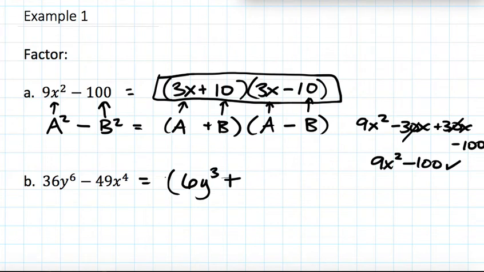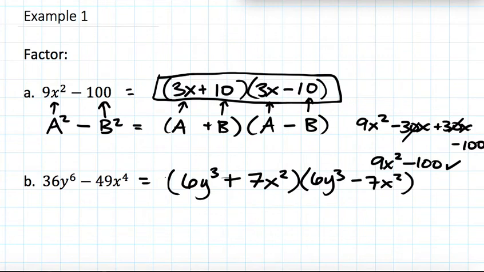My second term, square root of 49 is 7. And then divide exponents by 2, that's going to be x to the 2nd. 4 divided by 2 is 2. So that's one set of parentheses. Now I'm just going to copy that again to get my second set of parentheses, except change the sign in the middle to a minus sign.